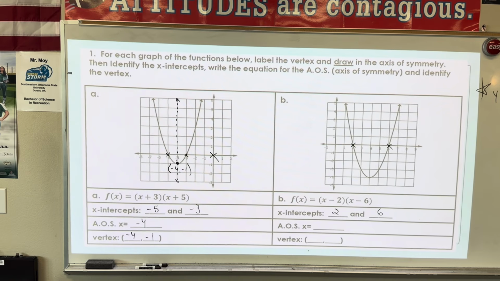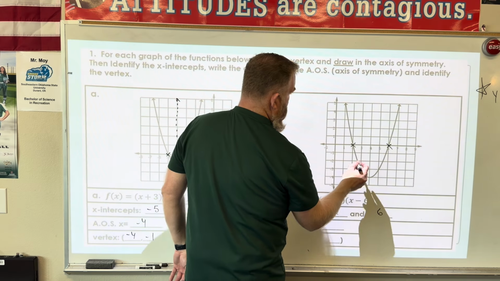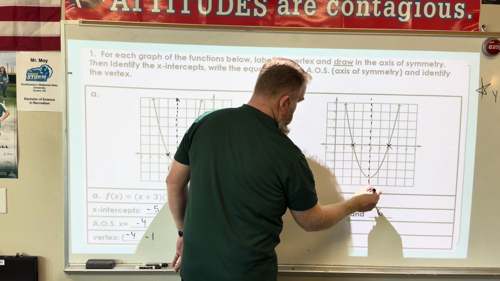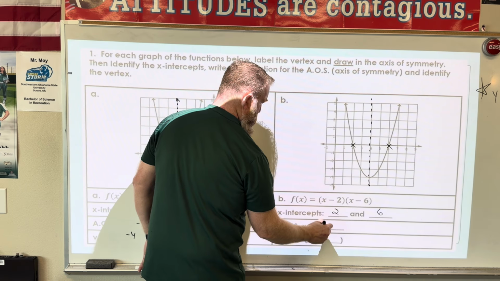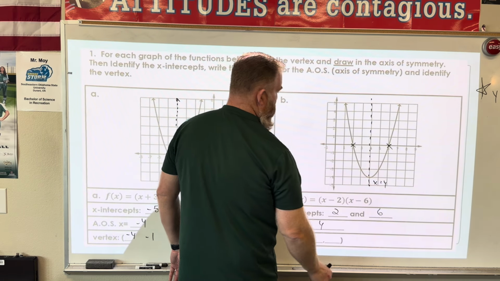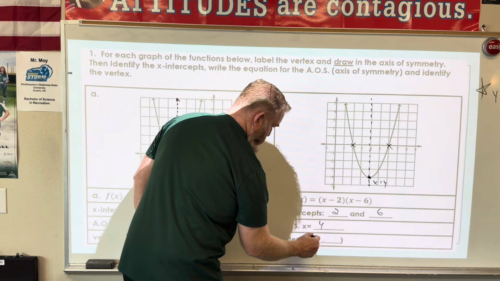What's my axis of symmetry? x equals what? x equals positive 4. And what is my vertex? 4, negative 4.